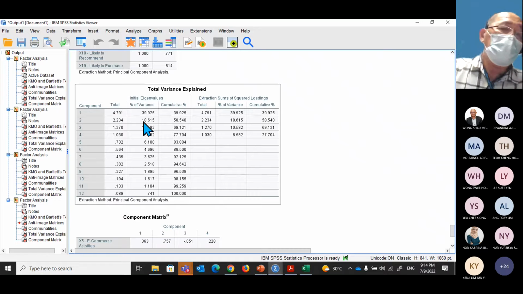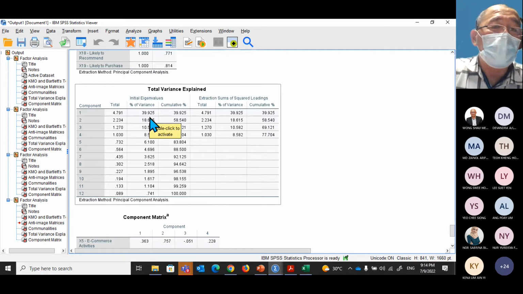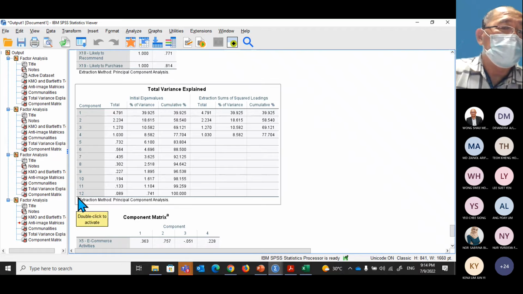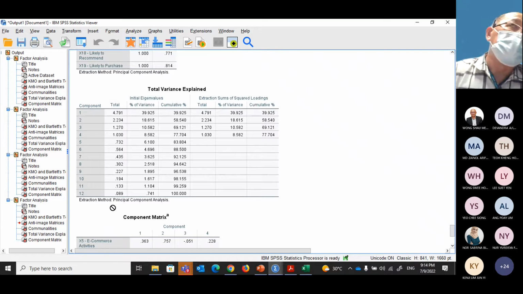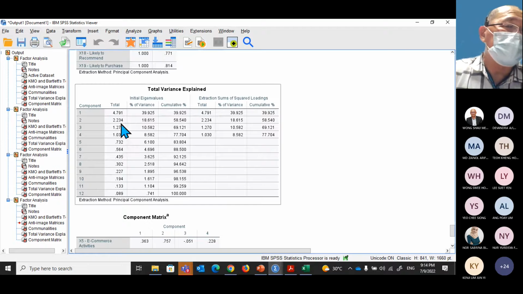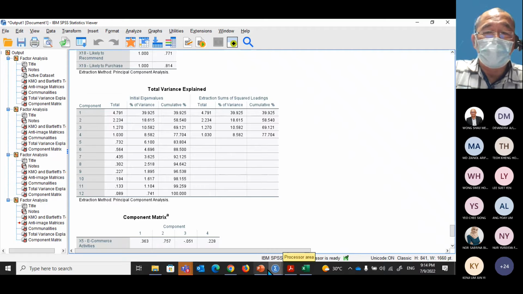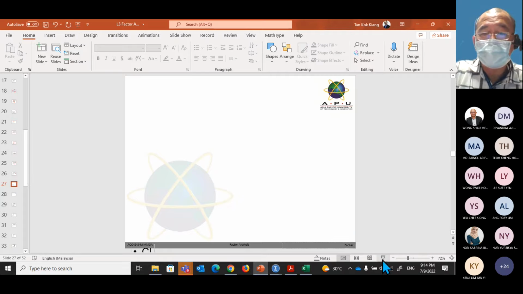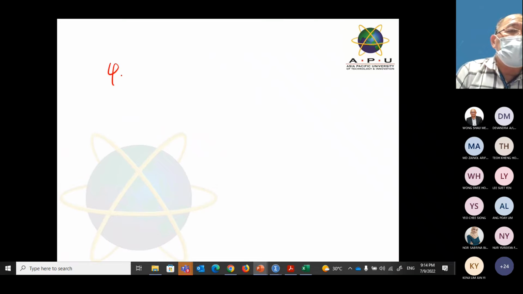Now we see how they get 39.92. They have components 1 until 12, therefore the total eigenvalue must be 12. Component 1 takes 4.791. So you use this value: 4.791 divided by 12 times 100.